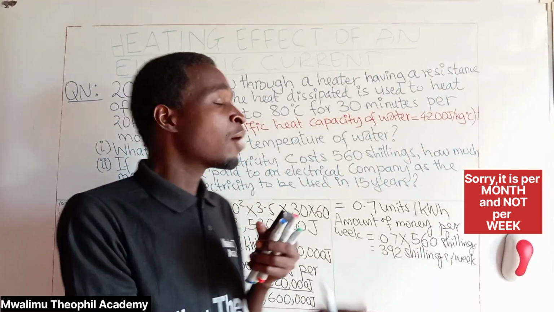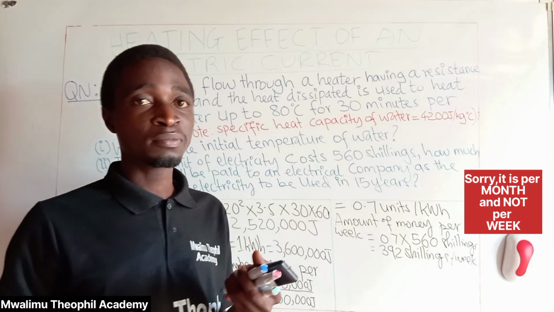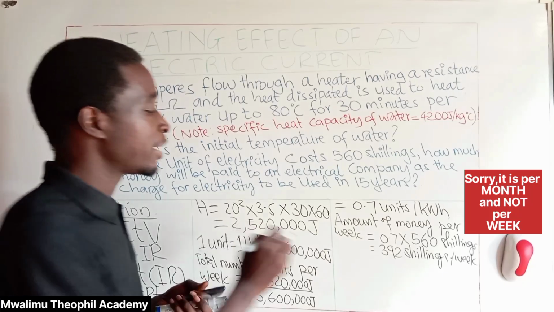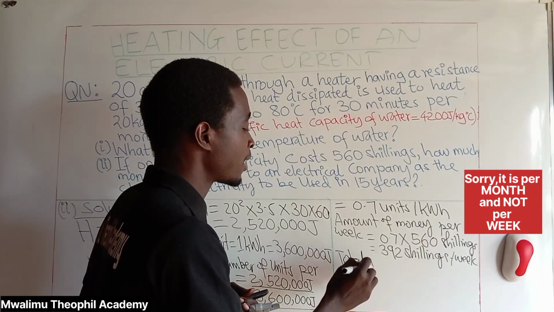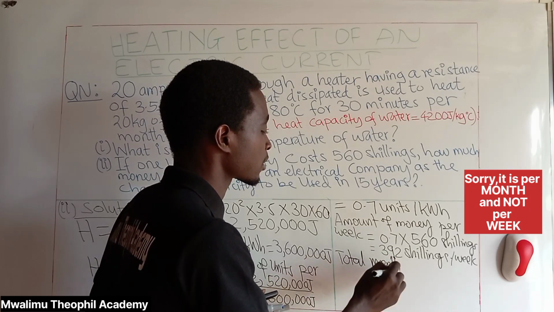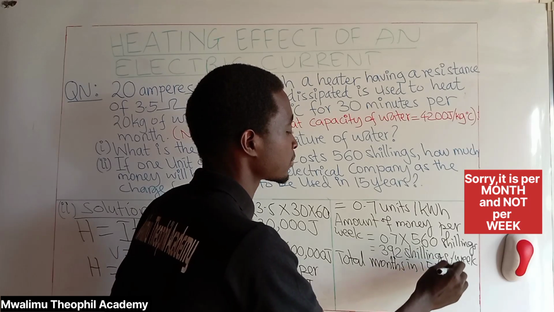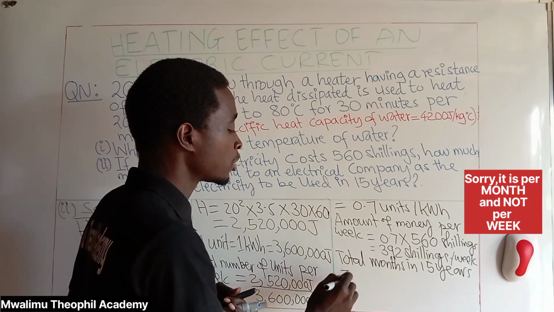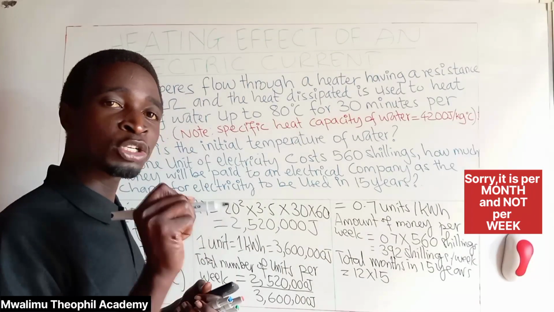Here we are required to know the number of months in 15 years. The total number of months in 15 years will be equal to 12 times 15, as 1 year has 12 months.